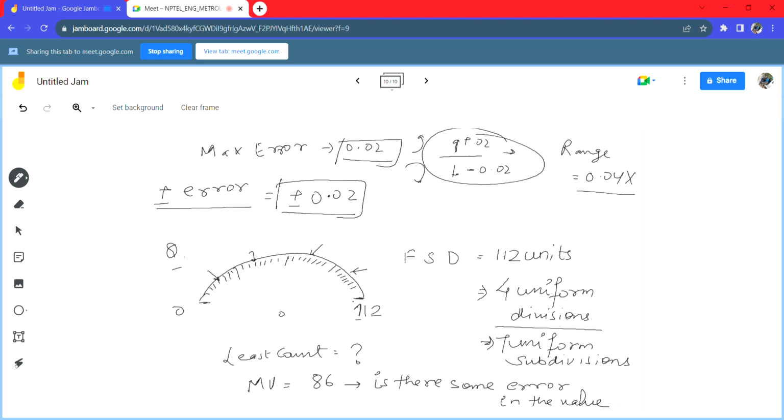Yes. Okay. So let us solve this problem. Least count is 4, I think so. Least count is 4.